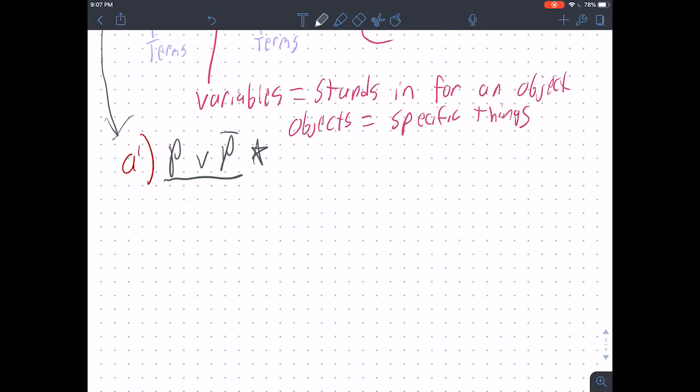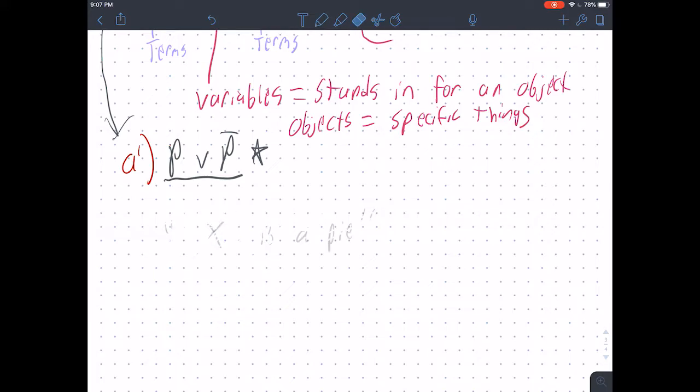like if you just scream pies, that's not a statement. That's not the sort of thing that can be true or false. But if you were to say, Quine is a pie, that's the sort of thing that can be true or false. So you can think of it as we're just putting in an X here for any object, we don't know which, and then we're kind of abbreviating it away.